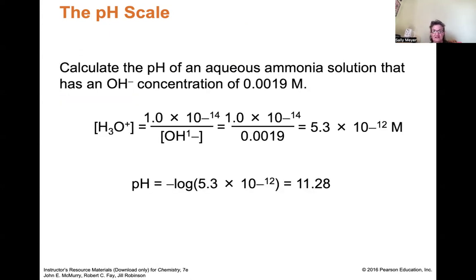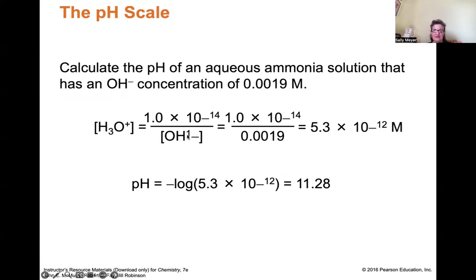So we're going to calculate the pH of an aqueous ammonia solution that has an OH- concentration of 0.0019. First we will use our Kw, so Kw divided by OH-. Oops, they wrote that backwards. The minus should be on the other side of the 1.